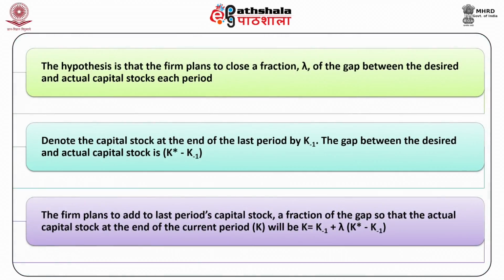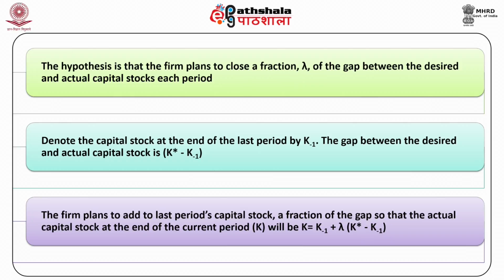The hypothesis is that the firm plans to close a fraction lambda of the gap between the desired and the actual capital stock each period. Denote the capital stock at the end of the last period by K-1. The gap between the desired and the actual capital stock is K* minus K-1.